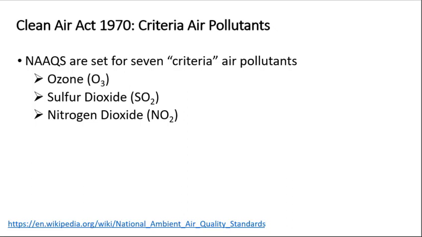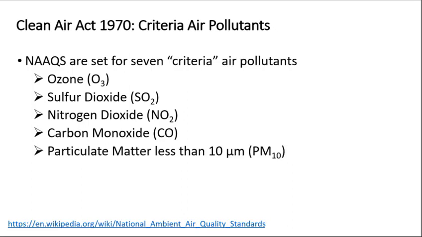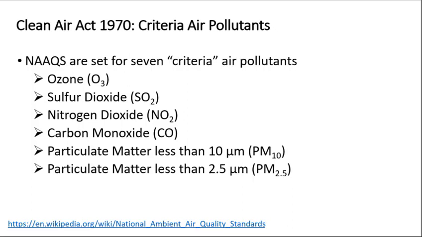Nitrogen dioxide is a portion of NOx, or NOx, and is a major part of air pollution from motor vehicles and other combustion sources. Another of the criteria air pollutants is carbon monoxide, as mentioned earlier, and a major part of motor vehicle and other combustion emissions.